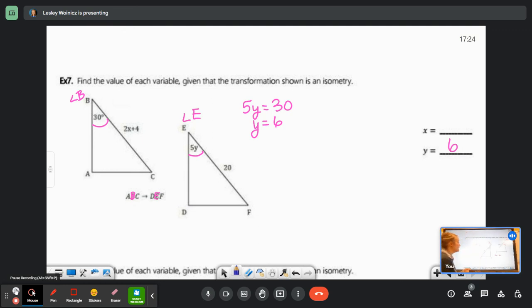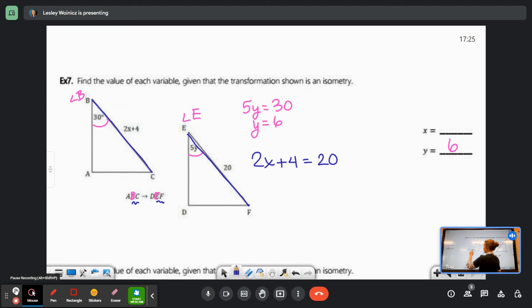Okay, next we want segment BC. BC has to map to EF. So we know that 2x plus 4 equals 20. Okay, this one's not going to be 6. I can tell already.